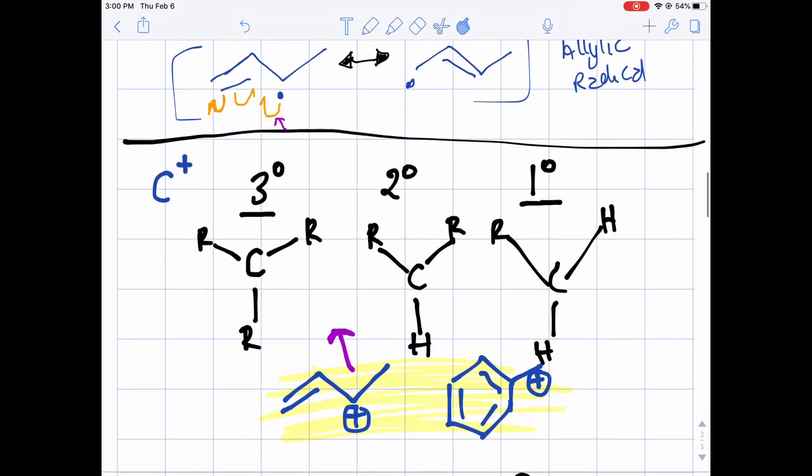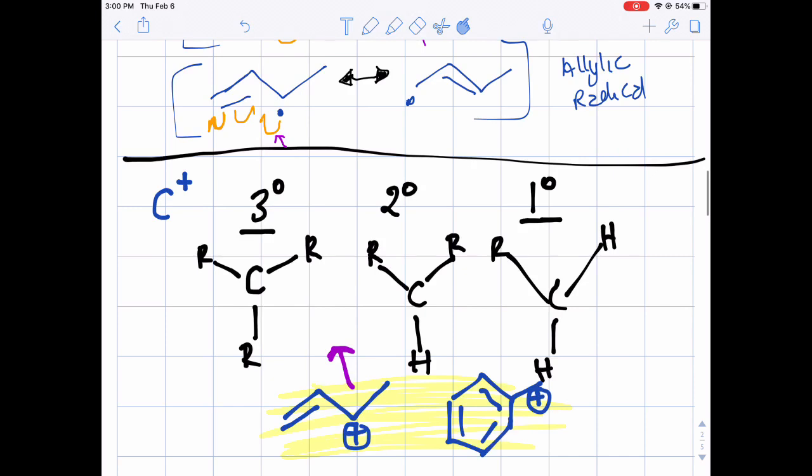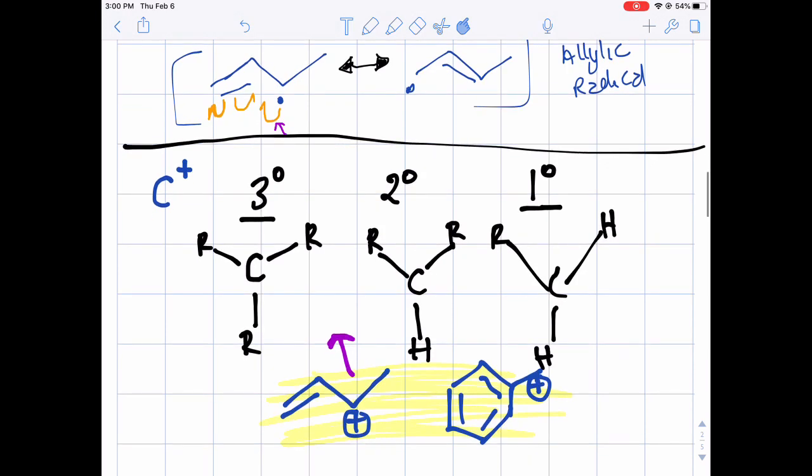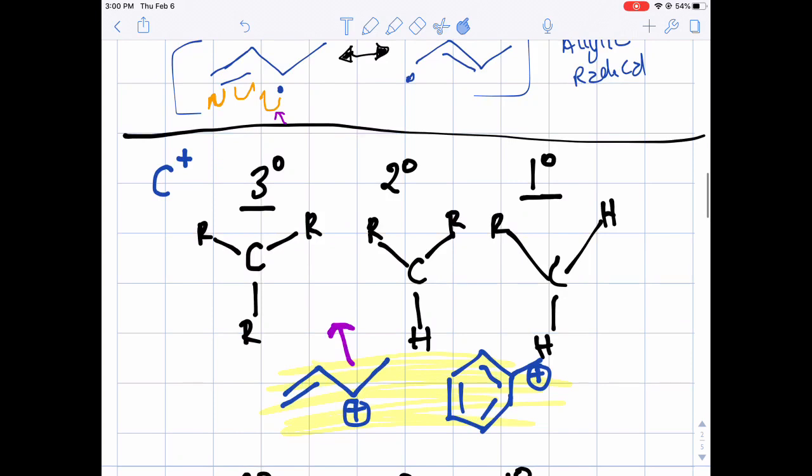Okay, so let's go over the concept of the trend of carbocation stability, right? If you recall, the tertiary is our most stable, while primary is our least stable.